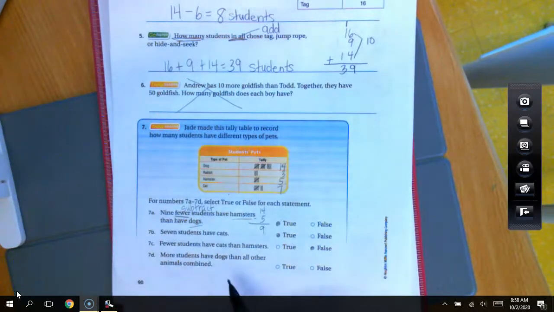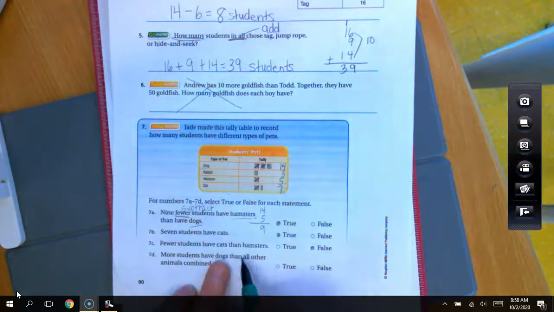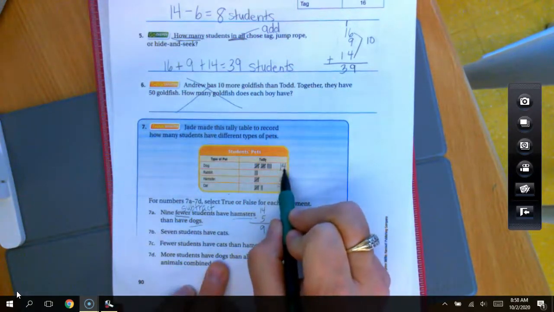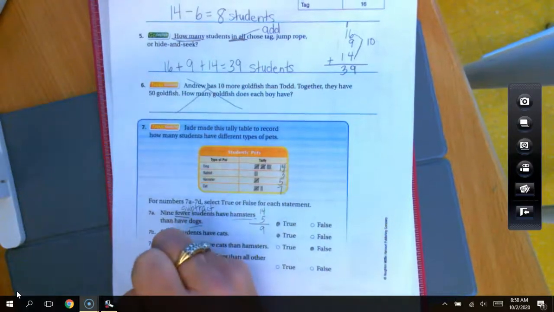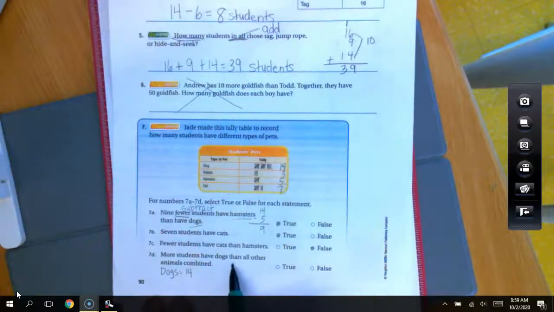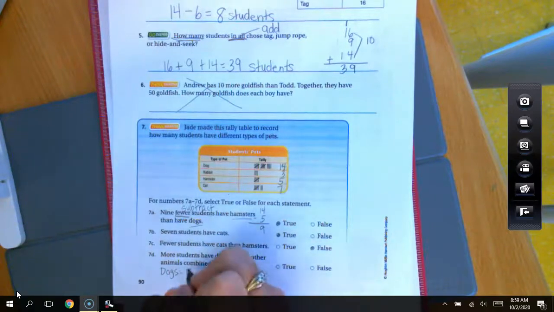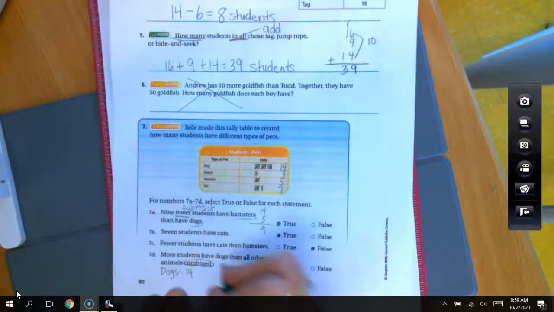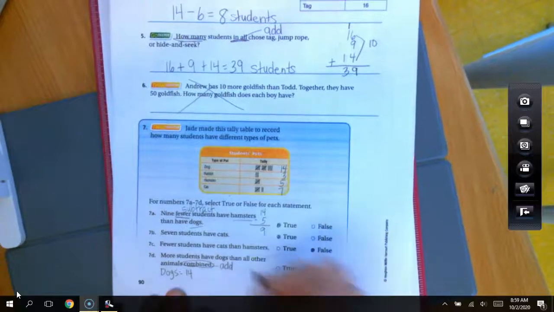And 7D says more students have dogs than all other animals combined. Oh goodness, what does that mean? Well, I know that there are 14 students that have dogs. So I'm just going to write dogs equals 14. They think more students have dogs than all the other animals combined. Boys and girls, the word combined is a clue word that tells you to add.